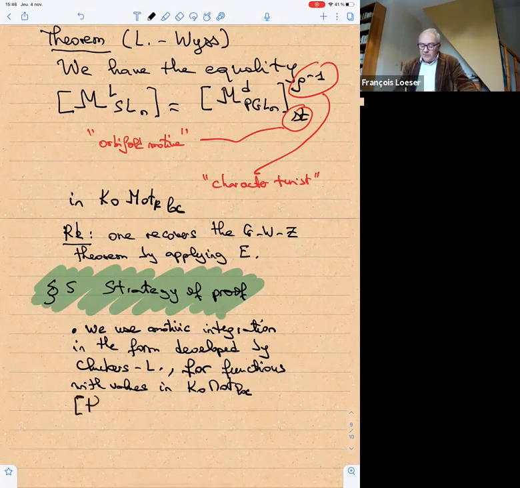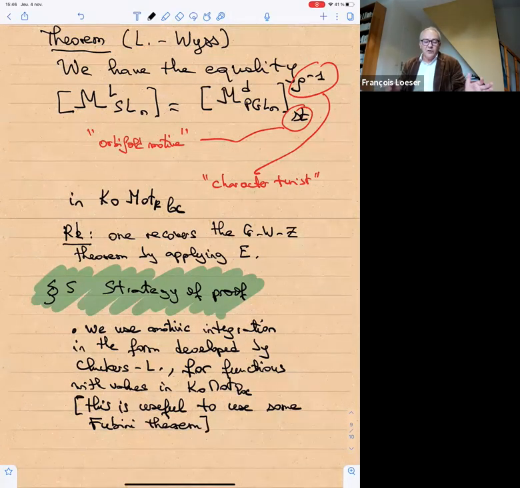And so, as I just said, this is useful because we want to follow a similar strategy, that is, to compare integrals on fibers of the two Hitchin fibrations. But then they should give you at the very end the volume of the whole moduli space. And for this, you need some Fubini.